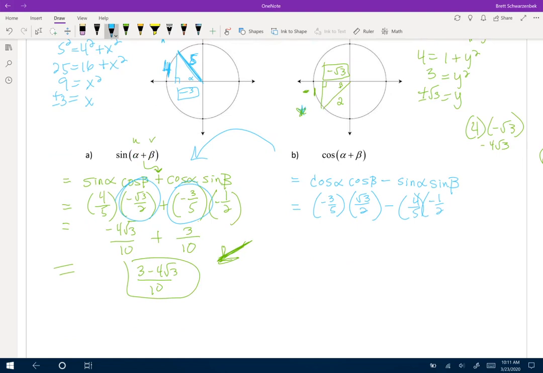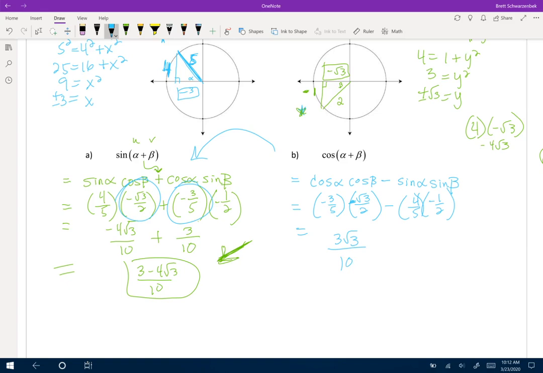Okay, doing the math, we're going to get negative 3 root 3. But just to be clear, this is a negative right here. Oof. Gotta be careful. All right, so negative 3/5 times negative root 3 over 2 makes positive 3 root 3 over 10.